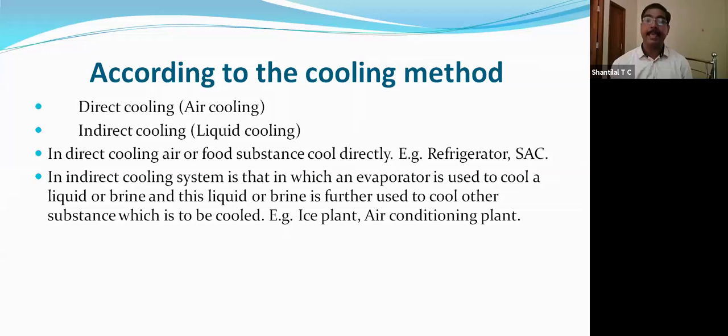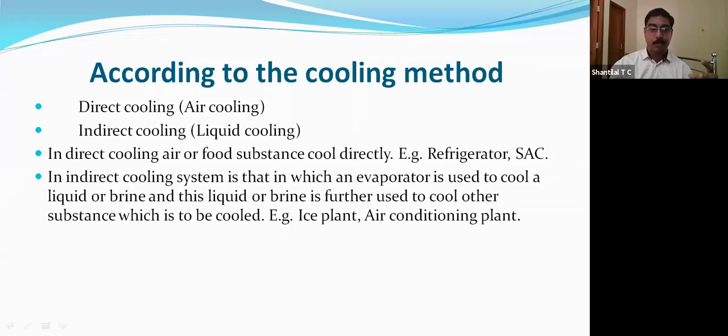First the evaporator coil cools the secondary refrigerant, then the secondary refrigerant further cools the air or food substance by absorbing their sensible heat. That is known as indirect cooling. So according to cooling method, the evaporator is divided into two types: direct cooling and indirect cooling.